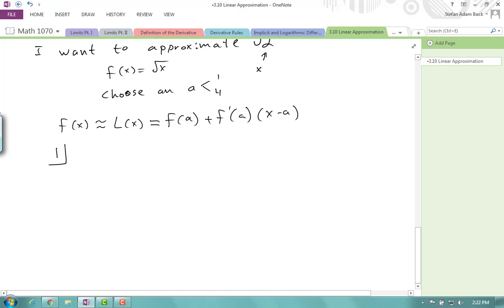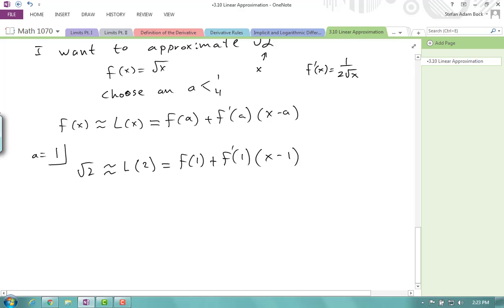So doing 1 first, I'll have that the square root of 2 is approximately equal to L of 2, which is equal to f of 1 plus f prime of 1 times x minus 1. Since f of x is equal to the square root of x, f prime of x will be equal to 1 over 2 times the square root of x.